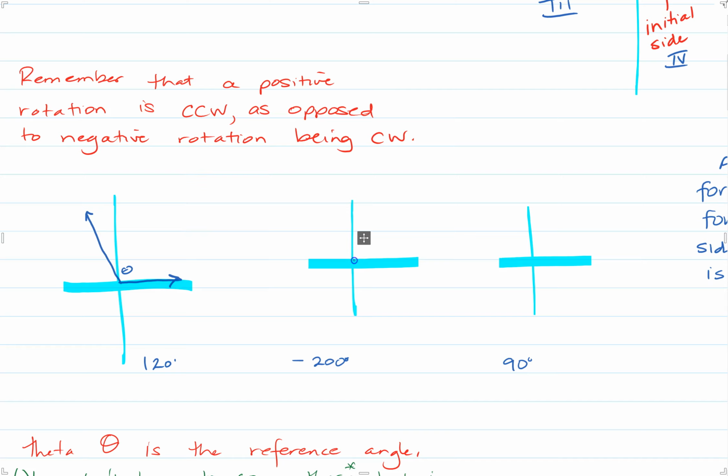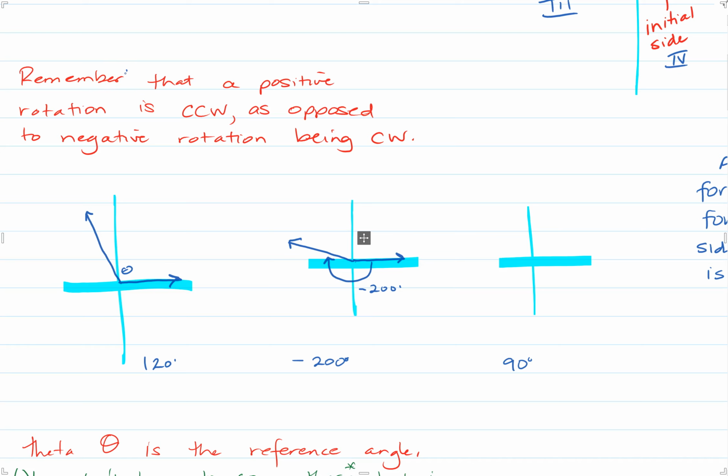The initial side would be here, but to show it's negative, that'd be 90, and that'd be 180, and about 20 more. It would look like this. Some people call this a reflex angle, but this is my actual rotation. It's negative 200 degrees, so it's going clockwise instead of counterclockwise. Make sure you make notes of that right here.